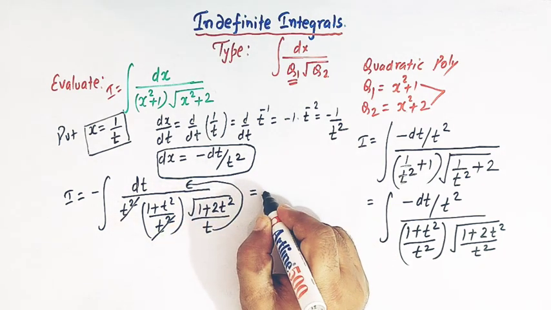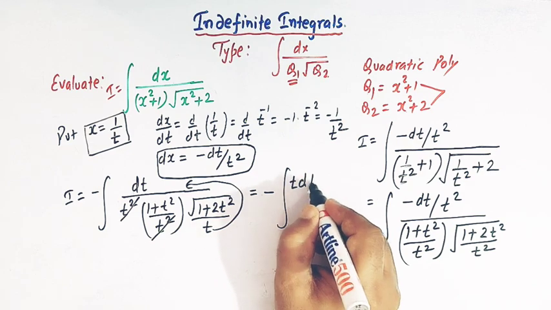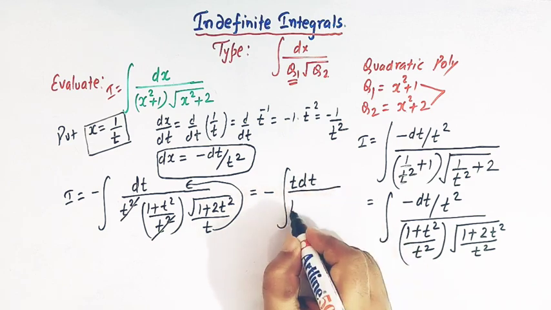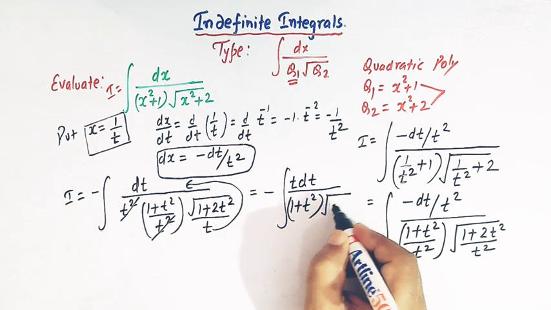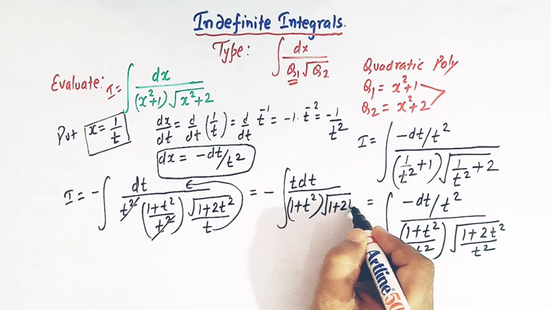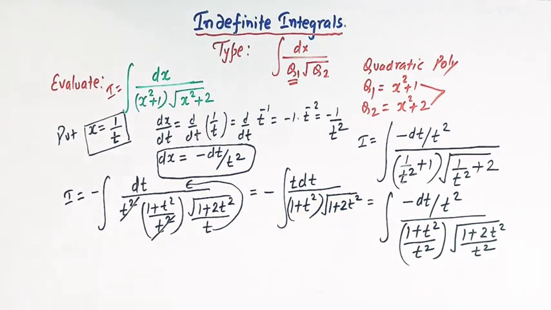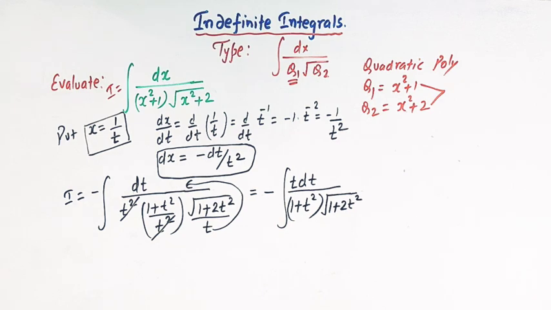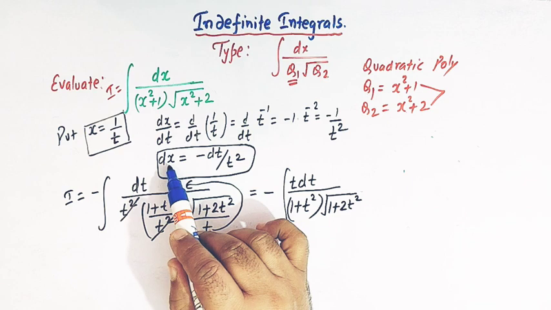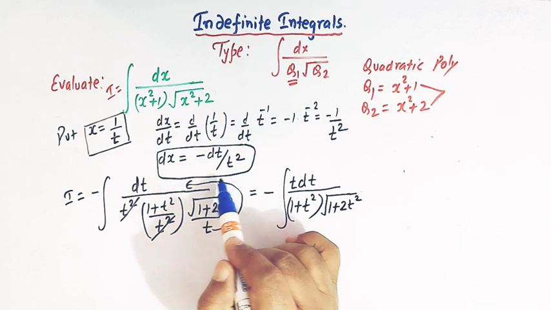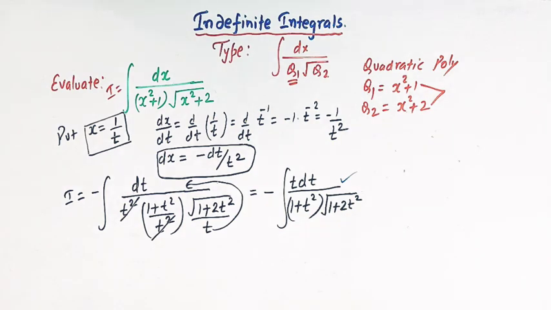So we have minus t dt over 1 plus t square times square root of 1 plus 2t square. So viewers, by taking x is equal to 1 over t and dx is equal to minus dt over t square, we have obtained this integral.